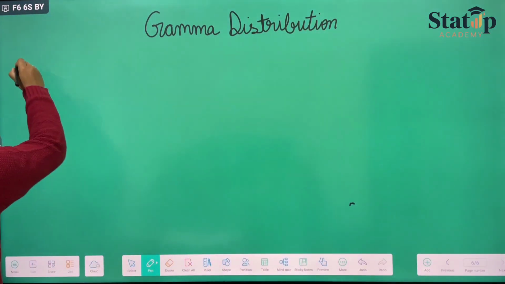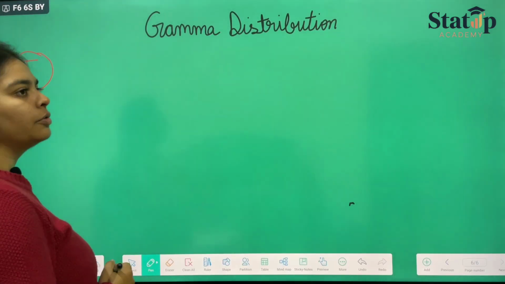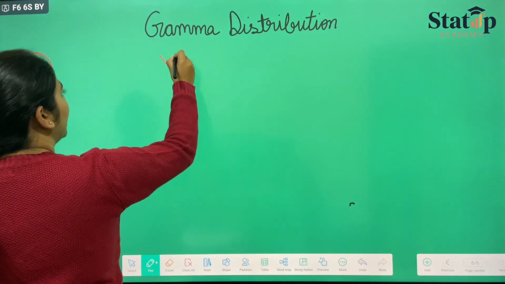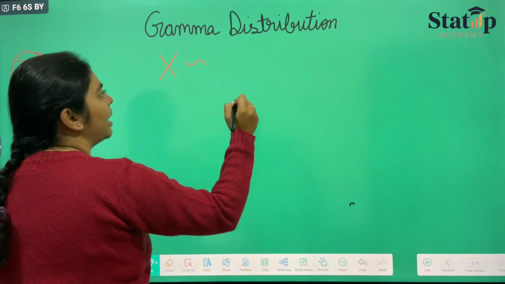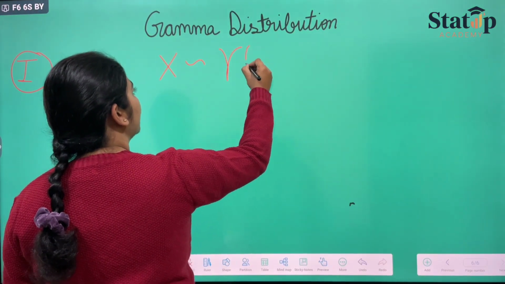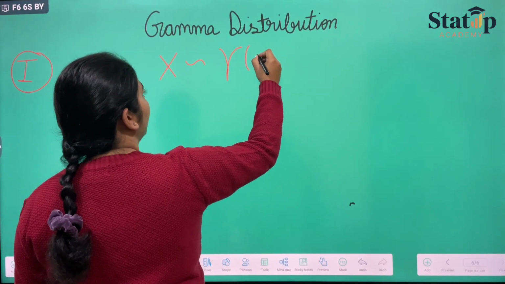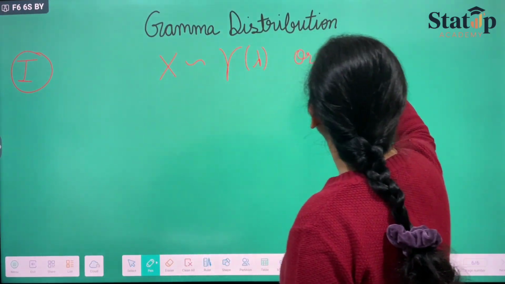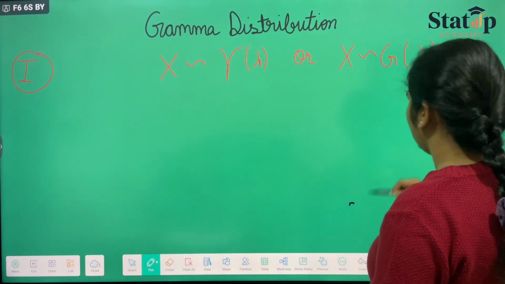If we are talking about the first case, the gamma distribution of the first kind or one parameter: if there is a random variable x, which is a continuous random variable, and it follows gamma distribution, it can be represented by the Greek letter gamma with the parameter lambda, or by capital G with the parameter lambda.